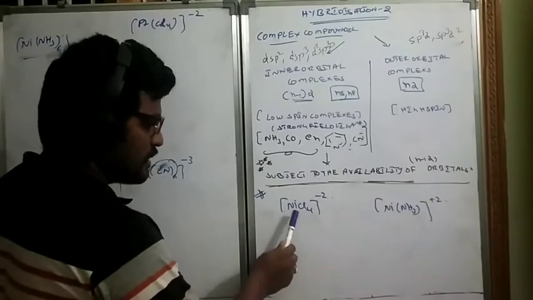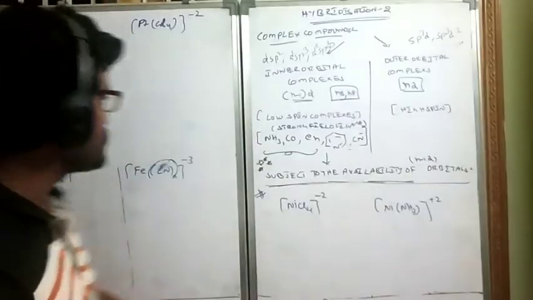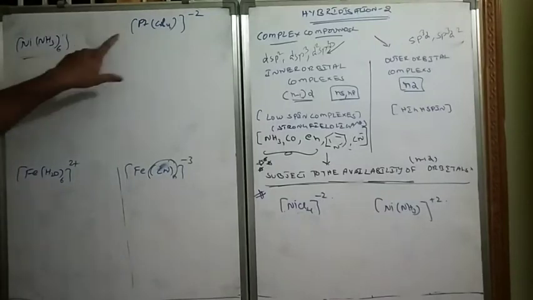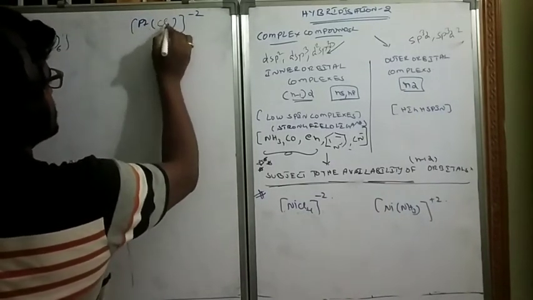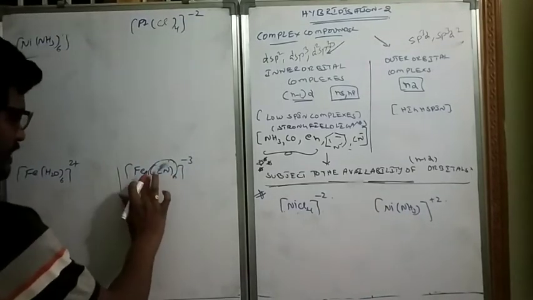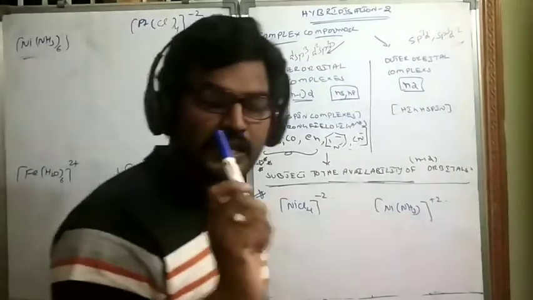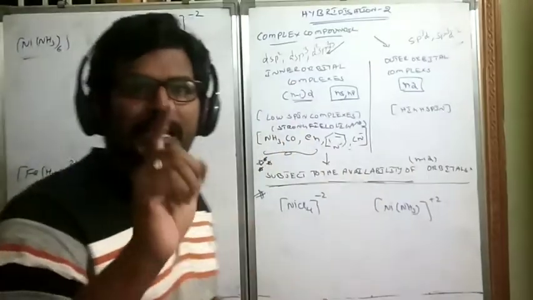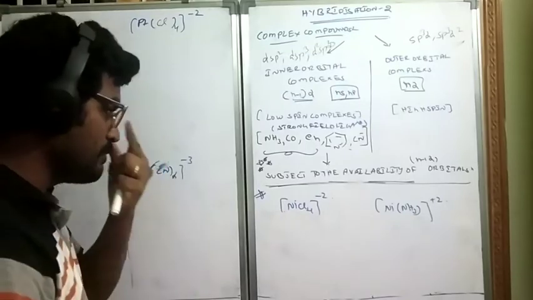I am taking examples of [NiCl4]2-, [Ni(NH3)4]2+, [Ni(NH3)6]2+ and [PtCl4]2-, and then [Fe(CN)6]. To understand this, you should be very careful about the electronic configurations of the element. So let us see how we will proceed.